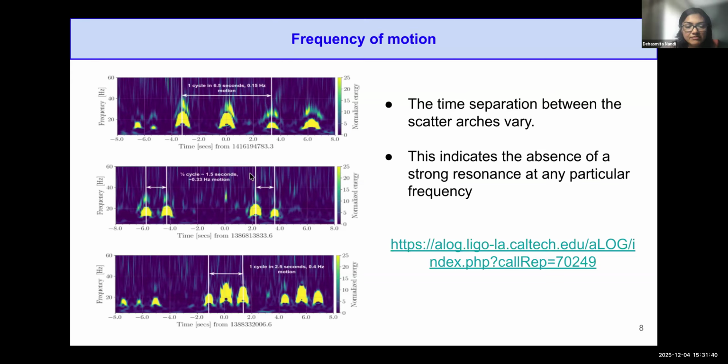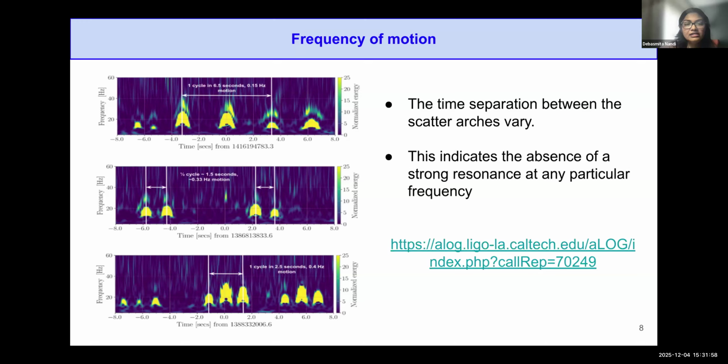Then there is some other day when we see that the scattering surface has a frequency of motion which is close to 0.3 hertz or 0.4 hertz, which tells us that the scattering surface does not have a specific frequency with which it moves.